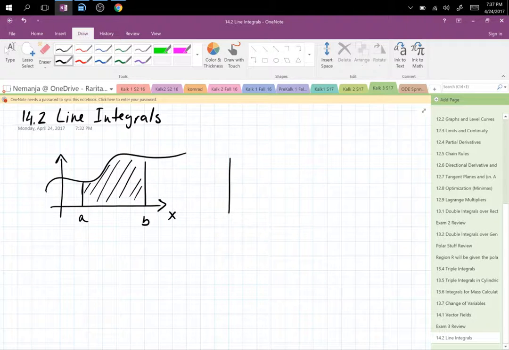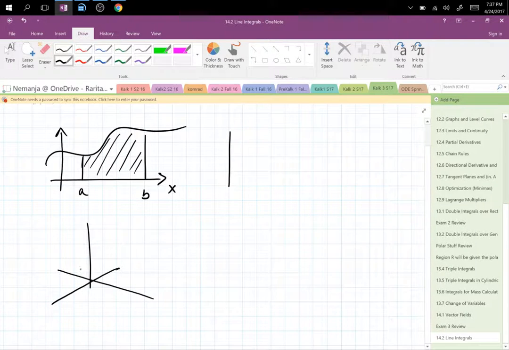Then you had the integral that was over a region. So your domain used to be this. Now domain is this. And you are computing a volume for some shape that exists on top of this, whatever the shape is.